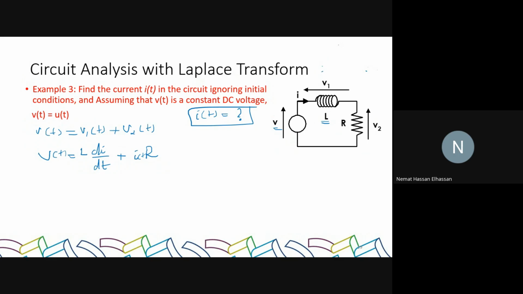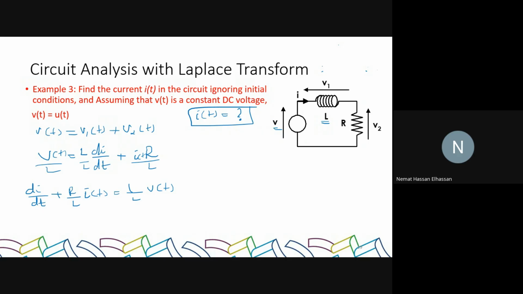It's a differential equation, right? And if I try to isolate I on one side of the equation and V on the other side, by dividing by L we can say di over dt plus R over L times I of t is equal to 1 over L times V of t, right?